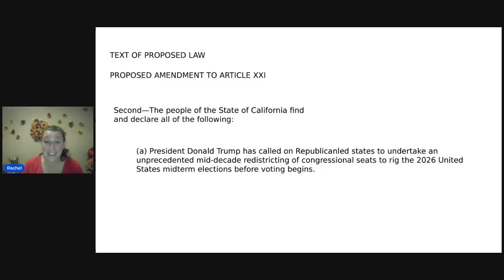It's not in the dictionary. You'd think they would have edited better. Oh well. States to undertake an unprecedented mid-decade redistricting of congressional seats to rig the 2026 United States midterm elections before voting begins.